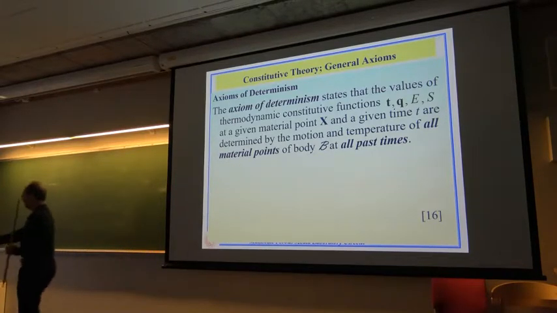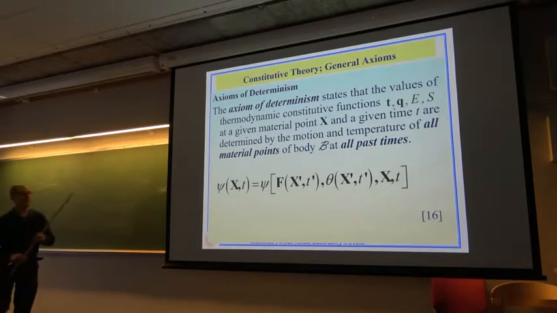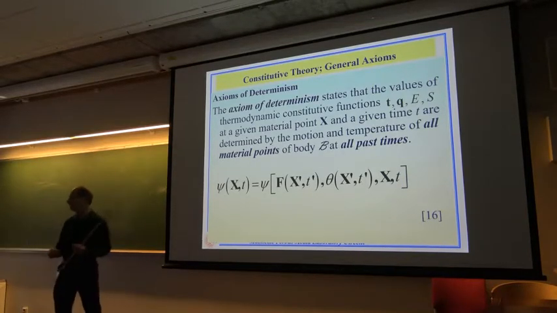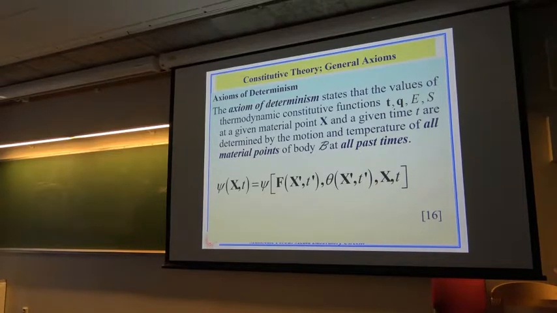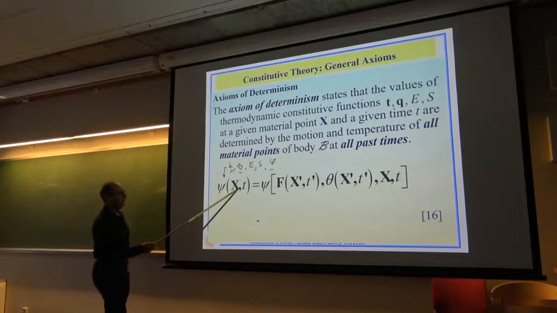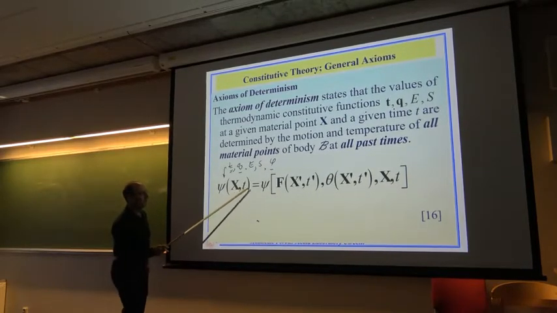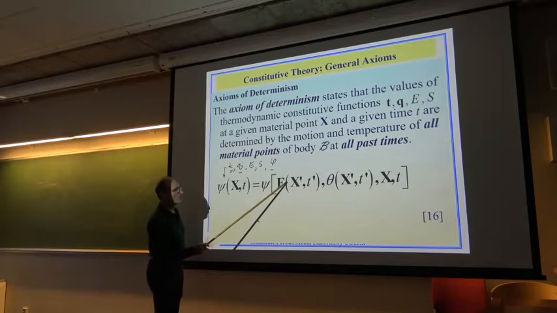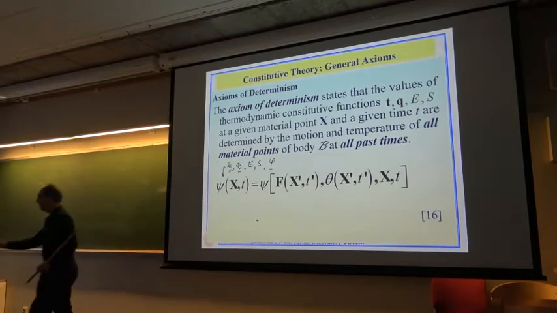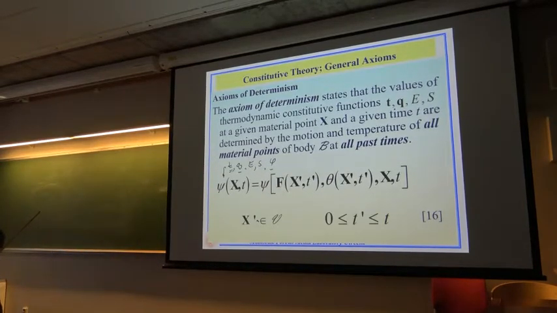So we write it in mathematical form in this fashion. We say any of those, T, the stress tensor, Q, the heat vector, energy, S, and phi, the entropy flux, any of them, for any given material point at any given time, is a functional of the motion of all points of the body and all past times.